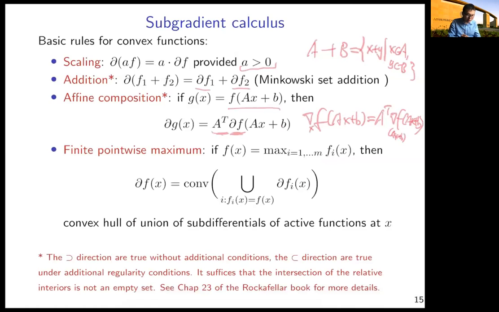Let's say that you have m convex functions f1 to fm, then the subdifferential of the composed function is the convex hull of the union of all the subdifferentials of f1 to fm at the locations where each one of these functions that we're maximizing over actually attains the objective value.